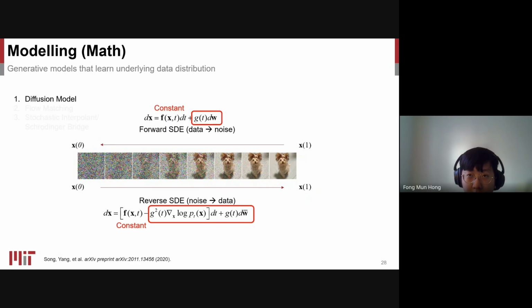So this captures the idea for the diffusion model, where the drift term over here is normally kept constant, and then you would gradually noise the picture into an isotropic Gaussian, and afterwards you just move the noise back to the image. So this idea is where only these two terms are normally used in the diffusion model.